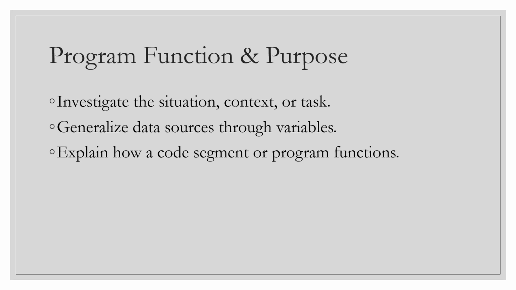So suppose you're given a block of code, you need to be able to understand how it works, in what context, and what exactly is the task it's performing. What work is it doing that's going to be useful for us down the road? And this can also cover things such as the generalization of data sources through variables.